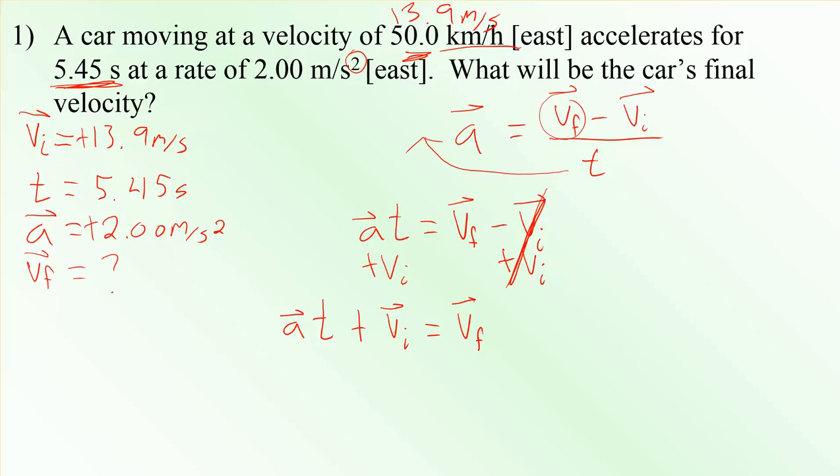Alright, notice that the final velocity is on the right side of the equation. That's fine. It's on its own. It doesn't matter if it's on the right side of the equation or the left side of the equation. That's good. So we can actually just start filling in numbers here. This is the easy part. So we know what our acceleration is. Our acceleration is positive 2 meters per second squared.